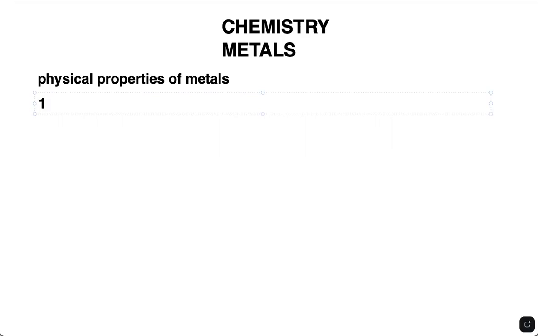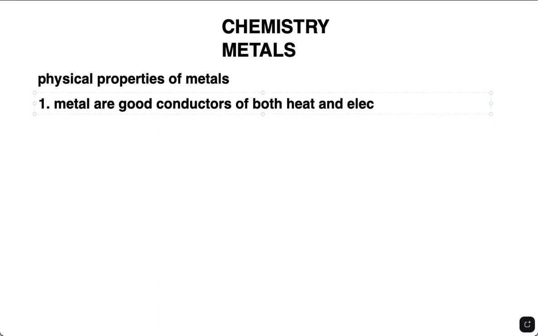So the first one that we can have is that metals are good conductors of both heat and electricity.